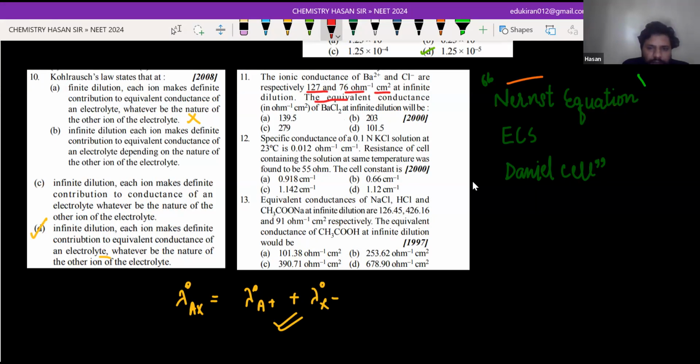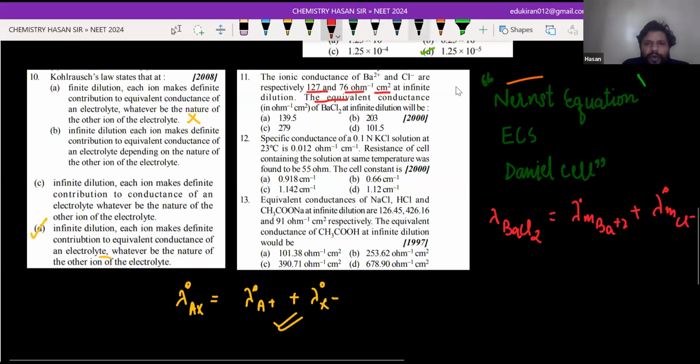So for BaCl2, it will be equal to lambda naught m of Ba plus 2 plus lambda naught m for Cl minus. But if you look at this carefully, this is the equivalent conductance we need, and this is how we are going to do it. This I have written for M. You need to do it for equivalent.